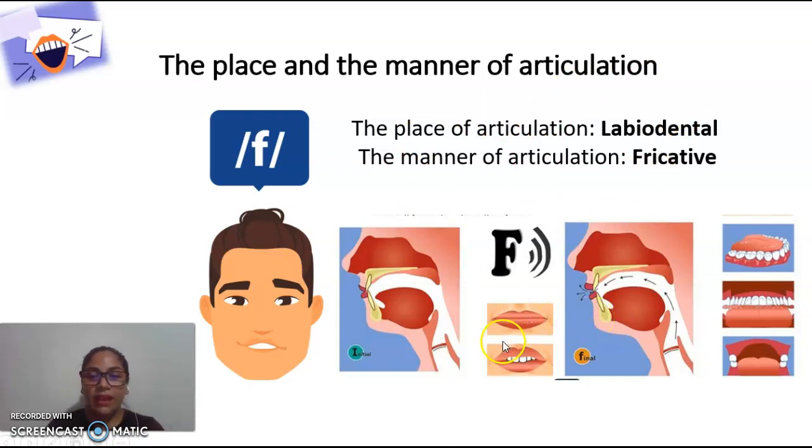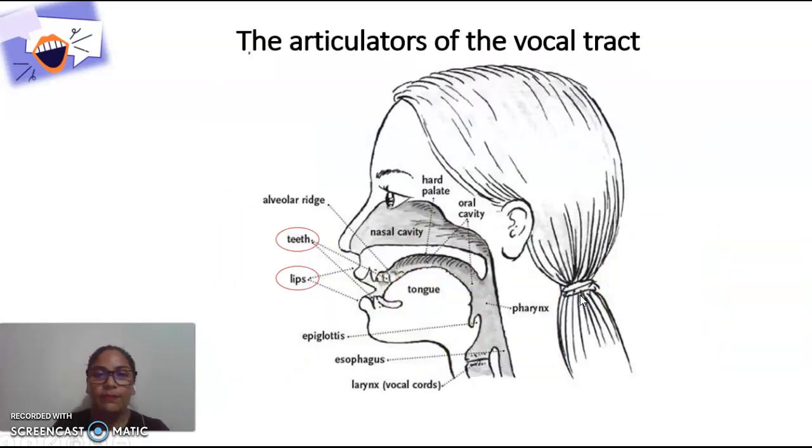The sound F is labiodental and fricative. Now, the articulators of the vocal tract that produce this sound are teeth and lips.